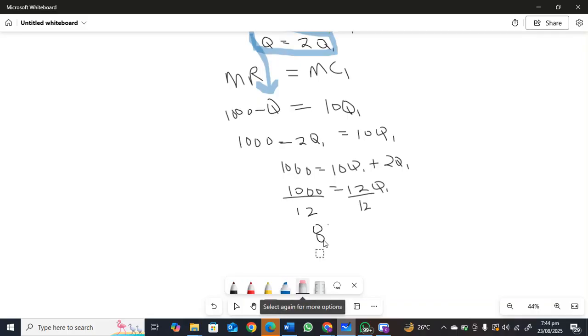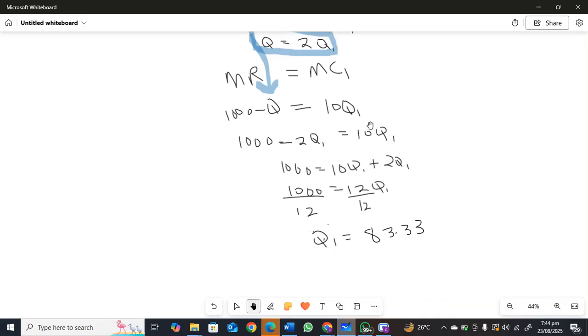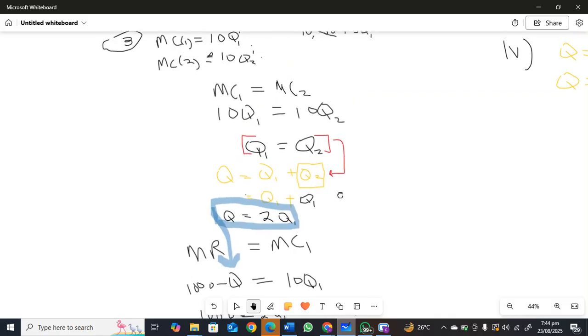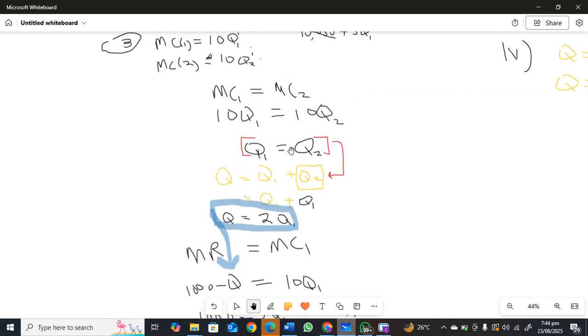Yes, 83.33. So Q1 equals 83.33. And if we remember our identity from when we equated the marginal costs, Q1 equals Q2.